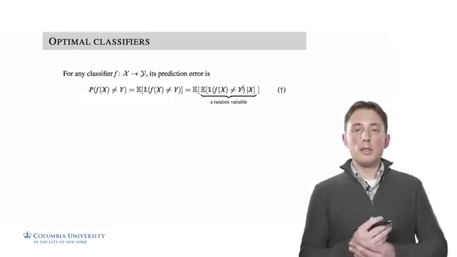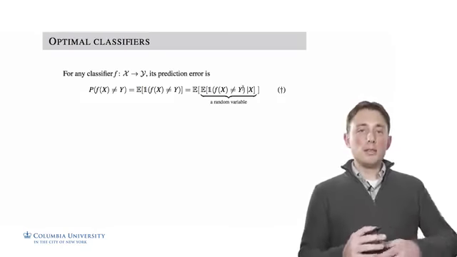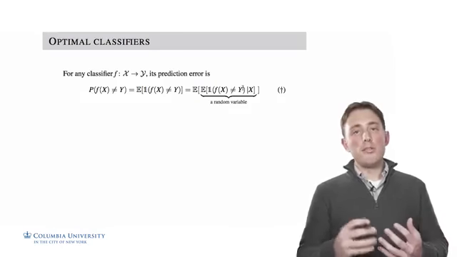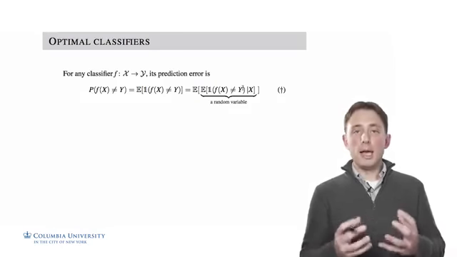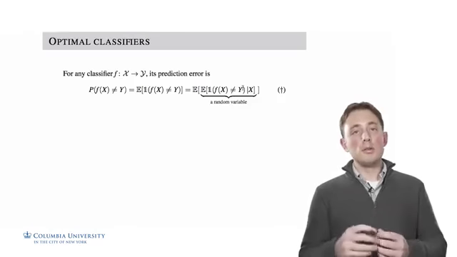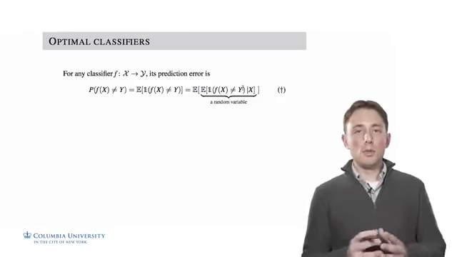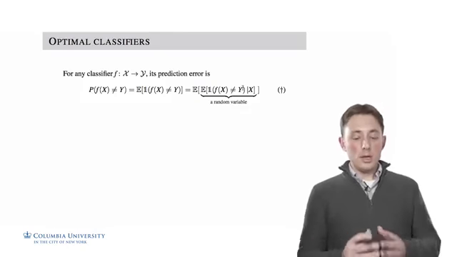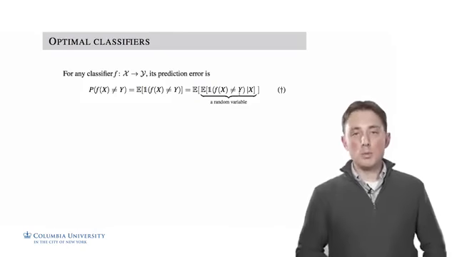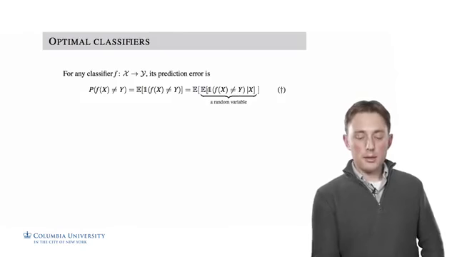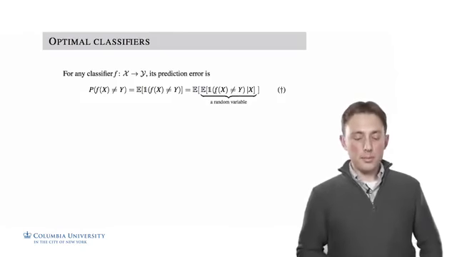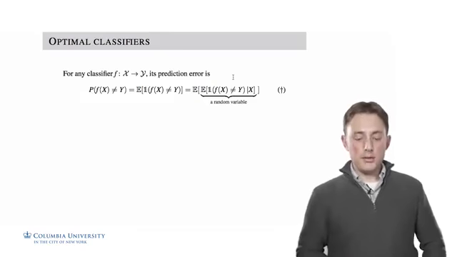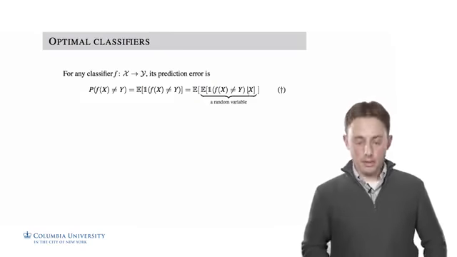So for example, the same email might 95% of the time truly be a spam email, but 5% of the time that exact same email might not be spam. So you could imagine conditions where that were the case. So in this sense, y is what's random, and that's why this is a random variable. And now when we take the expectation of that, we get rid of the impact of x.